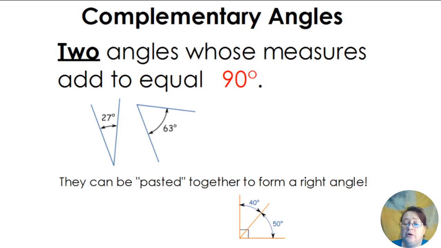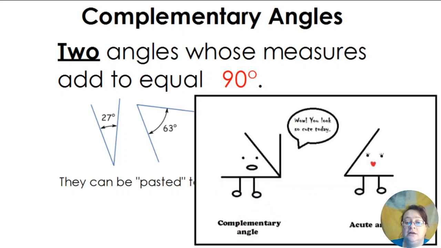Now, if you remember when we first started talking today, the picture that was on our screen showed an acute angle and a complementary angle. So let's take a look at it. The complementary angle is telling the acute angle, wow, you look so cute today. Well, think about it. You have a day when you are dressed up for school, you know you're looking great, and somebody says, hey, you look great today.